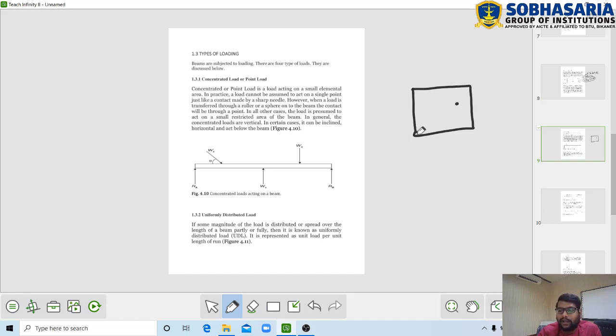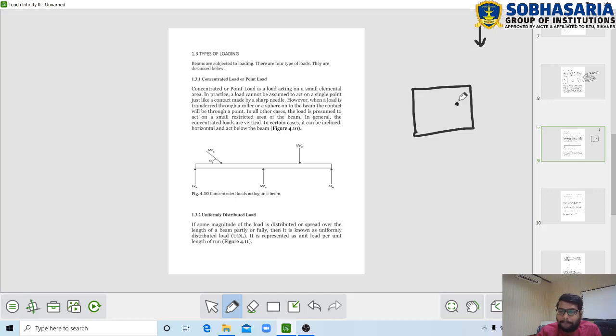Compared to the area of the floor, the area occupied by the heavy object is negligible, very small. So, the weight of the object which induces a load on the floor, we can take as a point load on the floor.